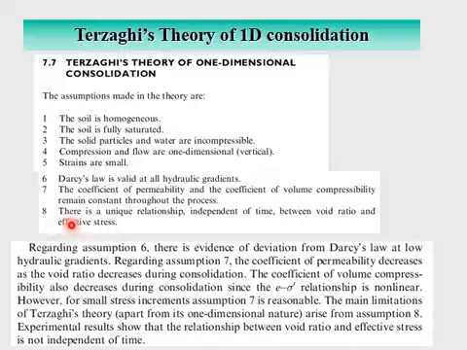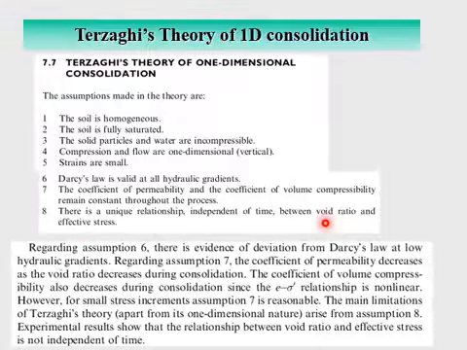Assumption number 8: there is a unique relationship, independent of time, between void ratio and effective stress. The main drawback of the Terzaghi theory is related to the last assumption. It says that if effective stresses are constant, there would be no change in the void ratio.